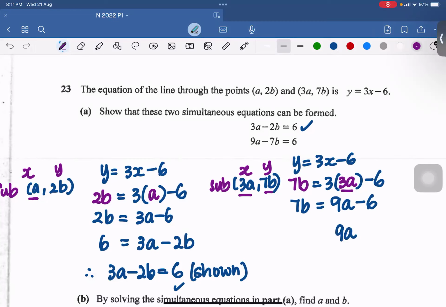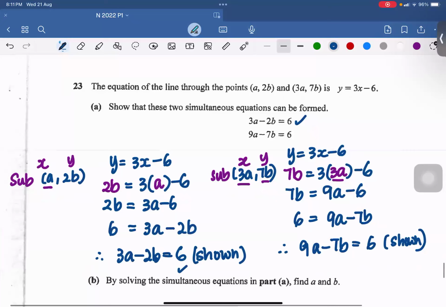My 7b is supposed to be negative, so I will bring it over to this side, so it becomes minus 7b. And the number 6, they want it positive, so I'm going to shift it here, so it becomes positive 6. Okay, if that's the case, rearrange and write according to what they want. 9a minus 7b equals to 6, shown.